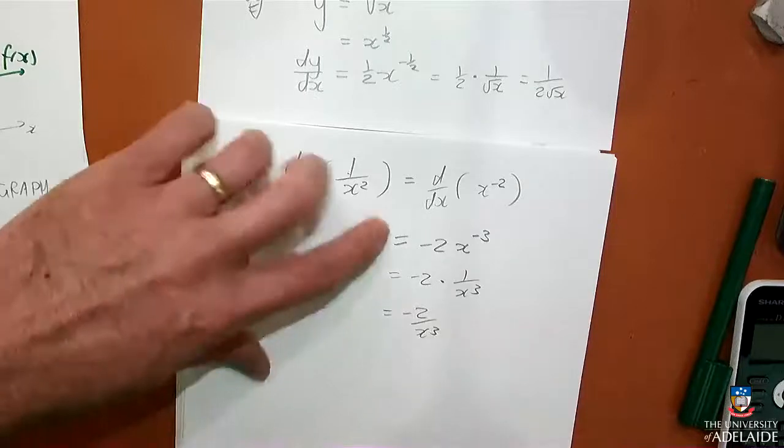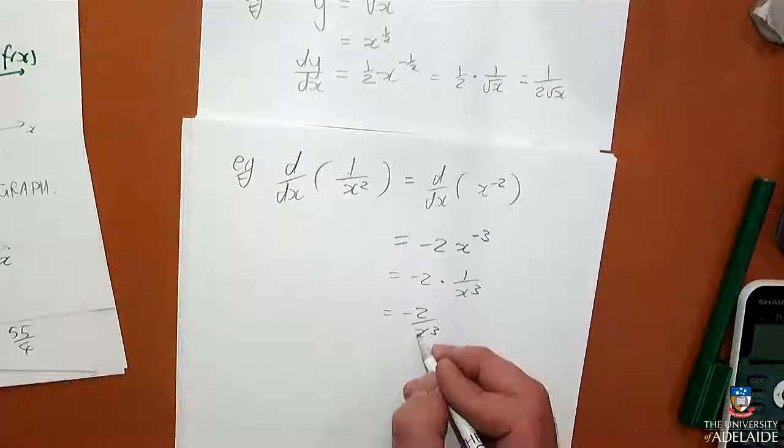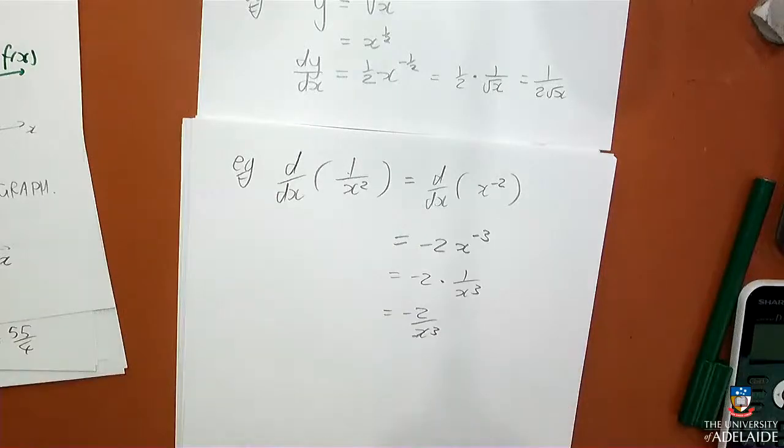Now some people are able to skip straight from here to here, and that's okay. Okay, so that's 3 places that I can use the power rule. Anything that can be rewritten as a power, 1 over something, or roots can be rewritten as powers, and I can use this power rule.